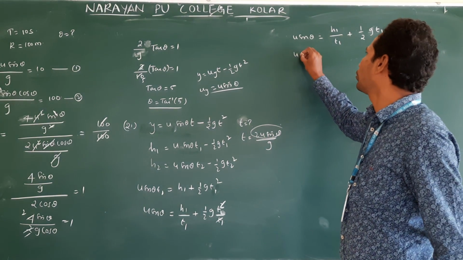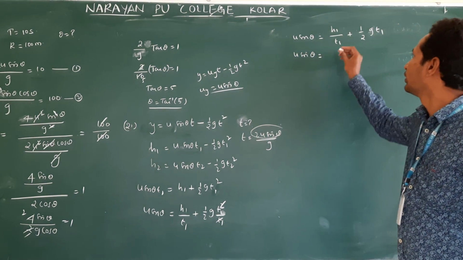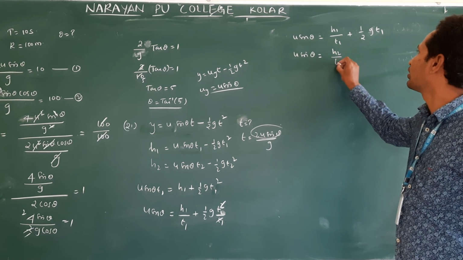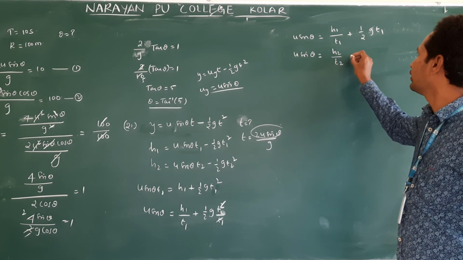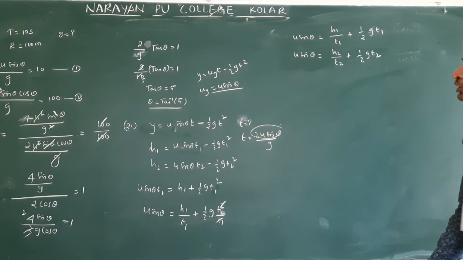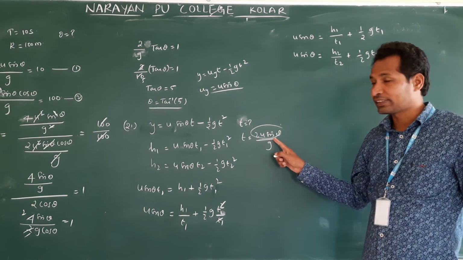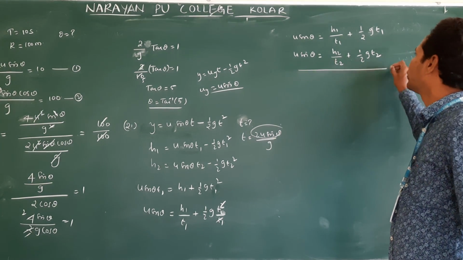Similarly, for the second equation, how do we write? u sin theta is equal to h2 by t2 plus half g t2. But in the time of flight, what is there? 2u sin theta is there. So you add these two now.